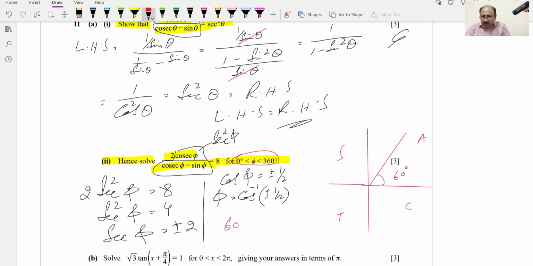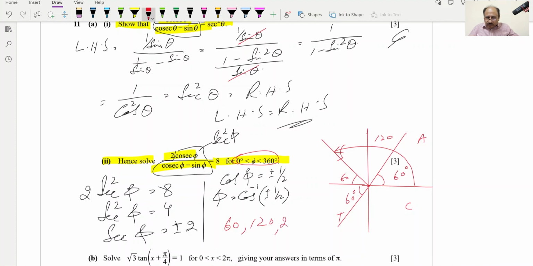This is 60, roughly, like this one, and we can take the other angle like this one. This is 60, and we can take this because we have to take the plus and minus both, so we can take this as 120 also. The third angle we can take over here: 180 plus 60 will be 240.